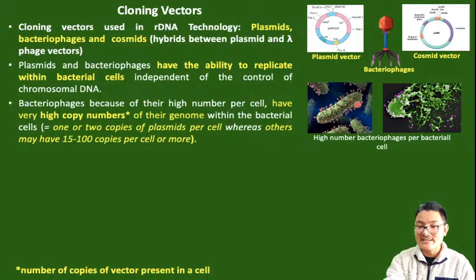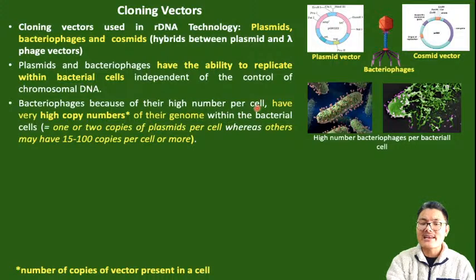The bacteriophage will kill the bacterial cell, and many bacteriophages will come out. So bacteriophages can infect a bacterial cell, multiply thousands of times, and then come out as a number of copies. That's why they have a high number per cell.